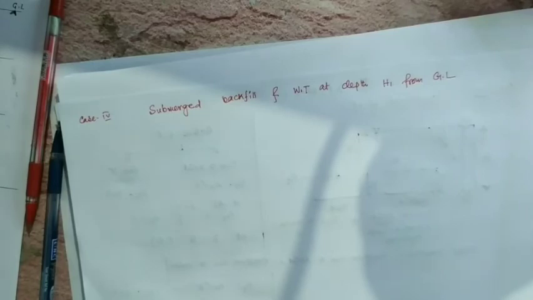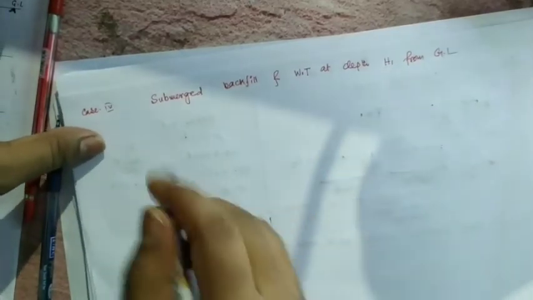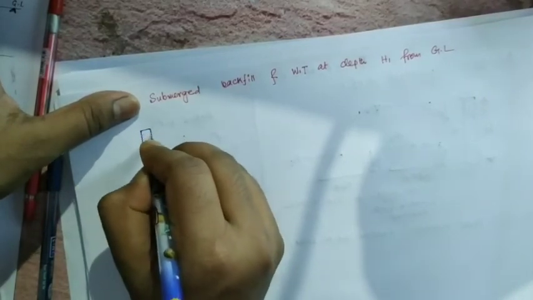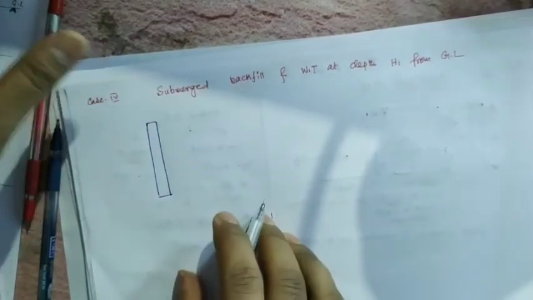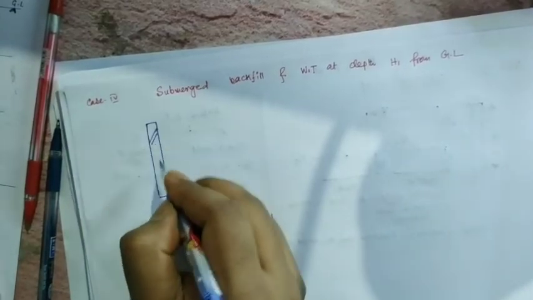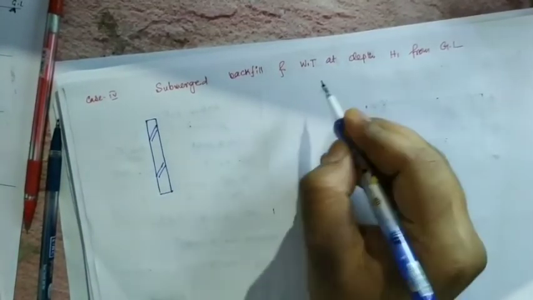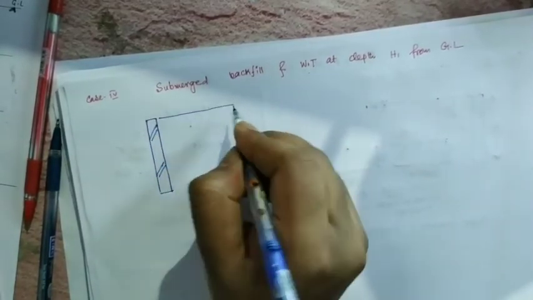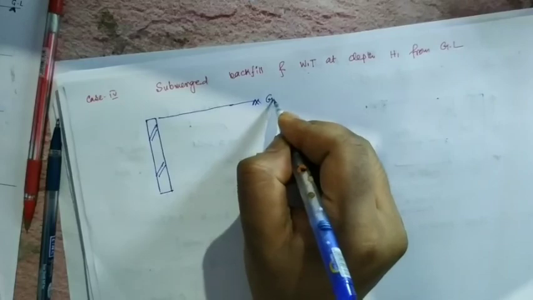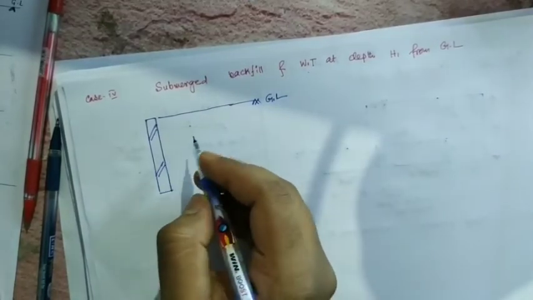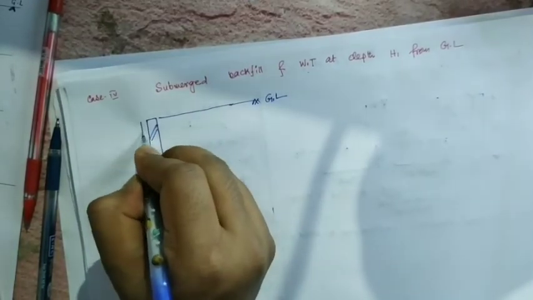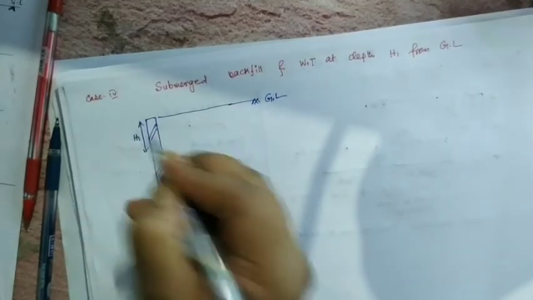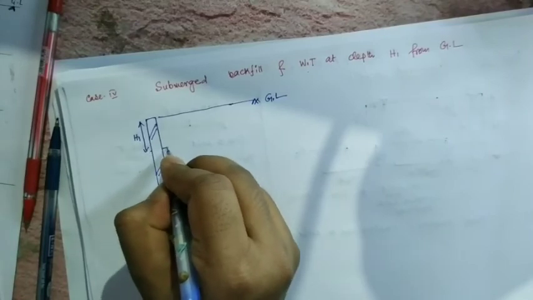So this is the retaining wall of height h. The water table is present at a depth of h1 from ground level. So this is ground level, and at h1 depth the water table is present.